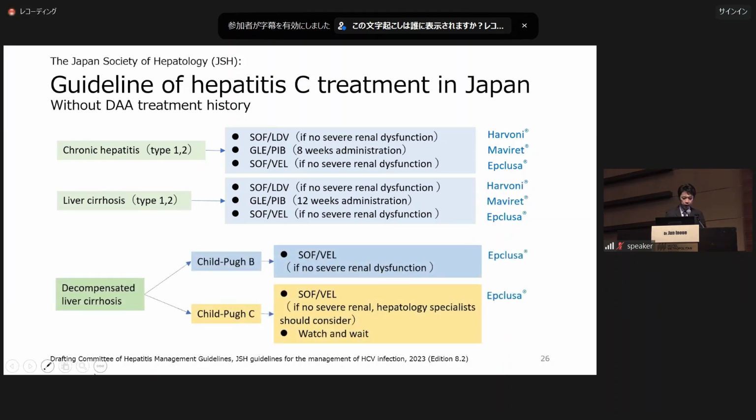If the patient has decompensated liver cirrhosis, Epclusa is recommended if the Child-Pugh is B. Also, in Child-Pugh C patients, Epclusa is recommended, but hepatologists should consider the application. And the option of watch and wait is described.